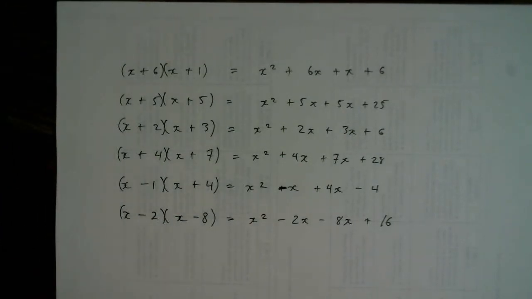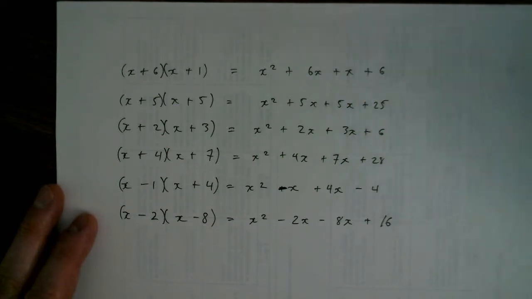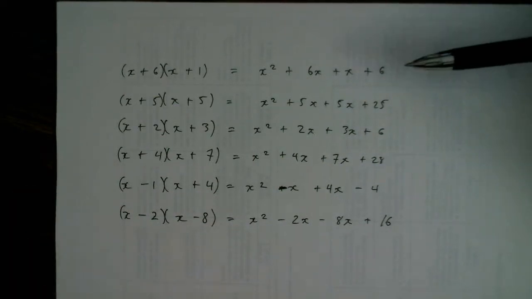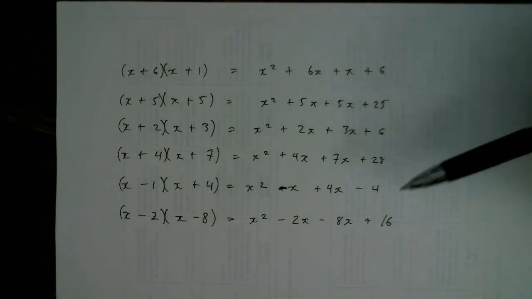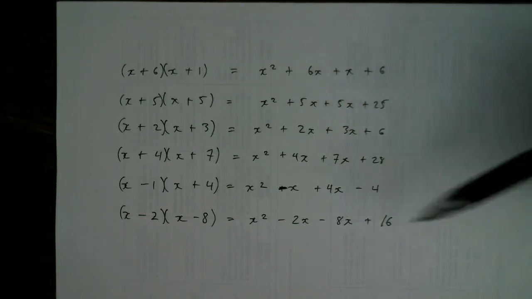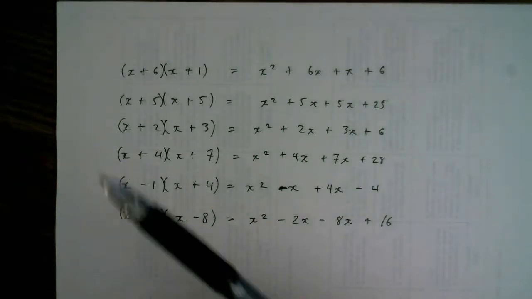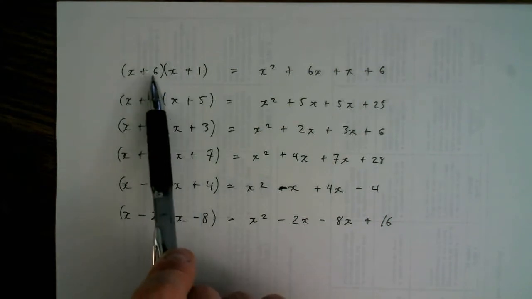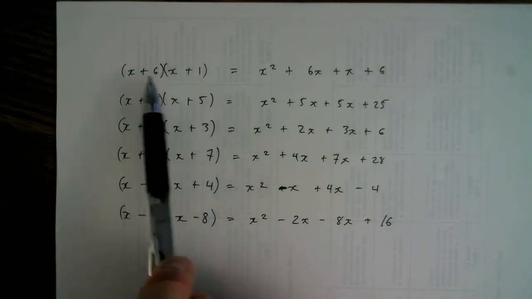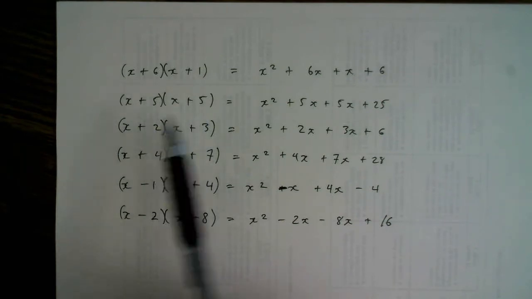So, if we look at the last term in the trinomial, we've got positive 6, 25, 6, positive 28, negative 4, positive 16. If we look at the two constants in this product, we've got 6 and 1, positive 6, positive 1, positive 5, positive 5.